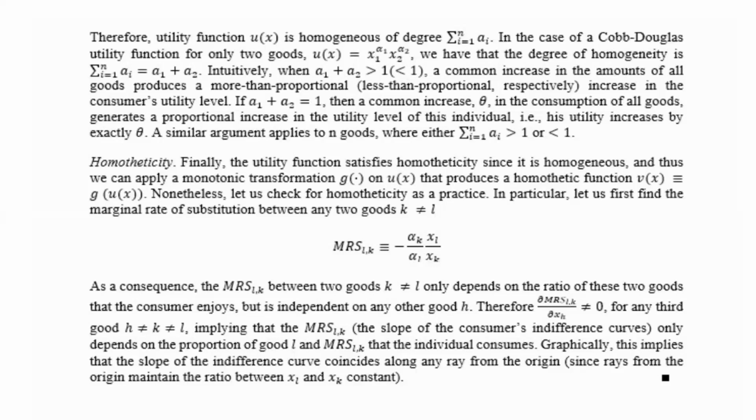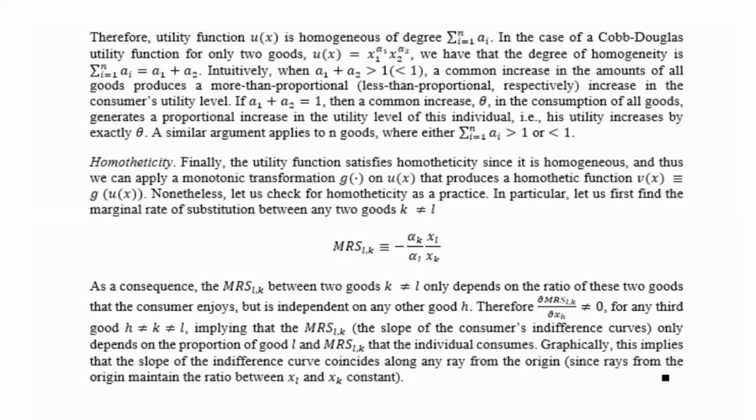Now I am moving to homotheticity. To check whether a utility function is homothetic or not, at first we have to manipulate the utility function to a monotonic transformed function. Here we made the monotonic transformation of our given utility function u of x, and the homothetic function is v of x, which is g of u of x.